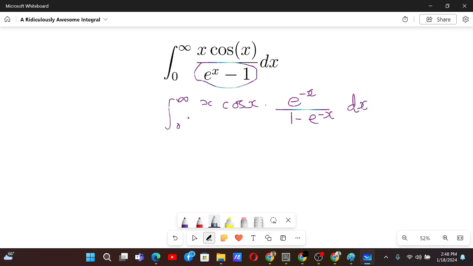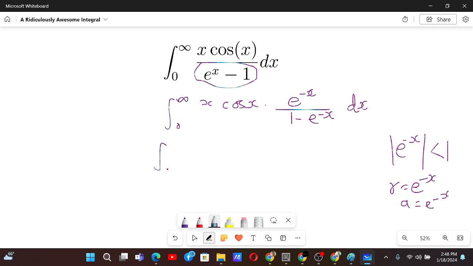Now, for x going from 0 to infinity, the modulus of e to the power minus x is less than 1. So that's why our r is e to the power minus x and a is e to the power minus x, and this is the infinite geometric series.